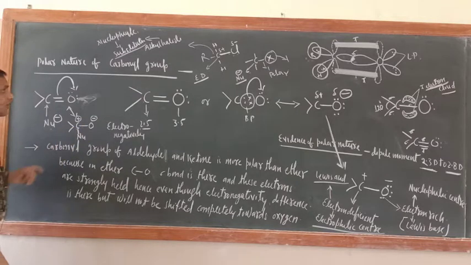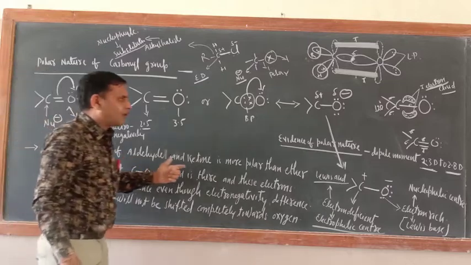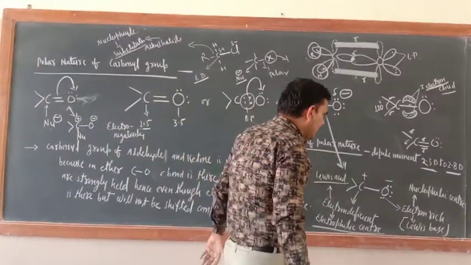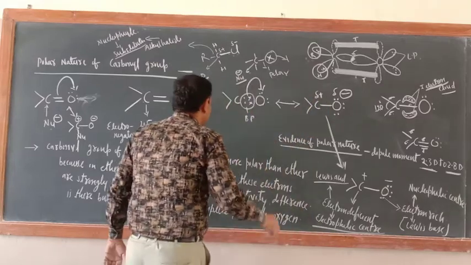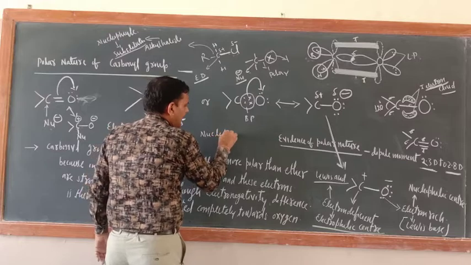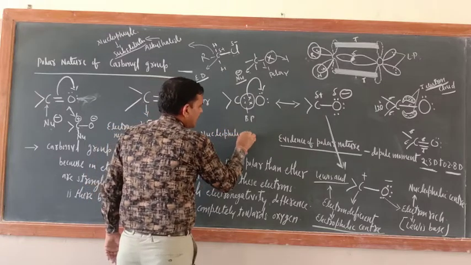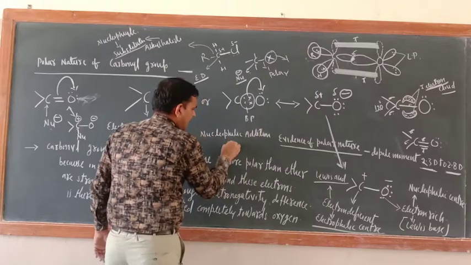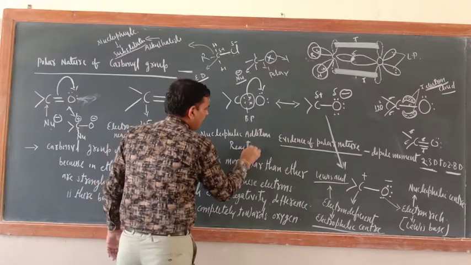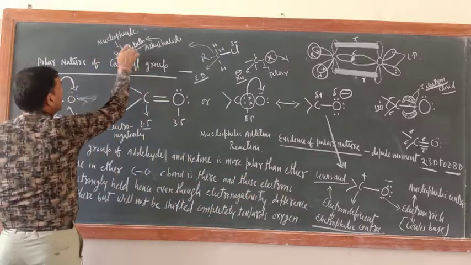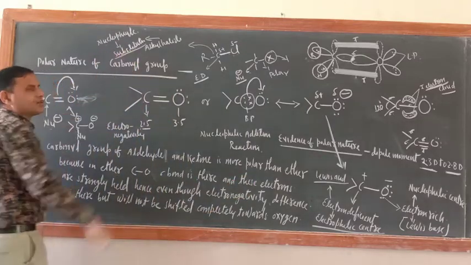So in a carbonyl compound, what kind of attack would be there? Nucleophilic attack, and the reaction is a nucleophilic addition reaction. And in case of alkyl halide, it is a nucleophilic substitution reaction.